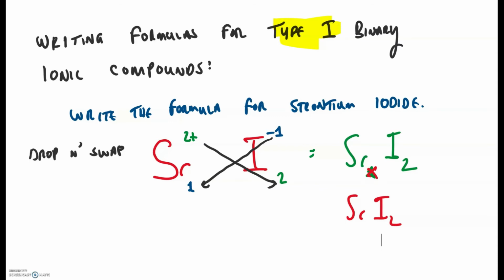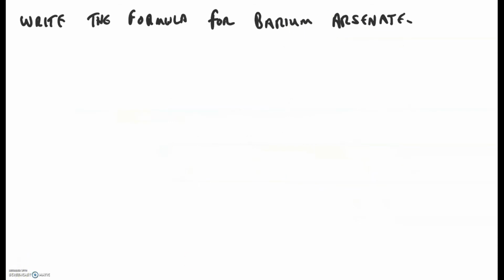Okay, let's try one that's got a polyatomic ion. Here's a question you could expect to be asked. Write the formula for barium arsenate. Well, here's a hint: if it ends in -ate or -ite, it's probably a polyatomic ion. So I'm going to look for my lists and see if I can find both of these.